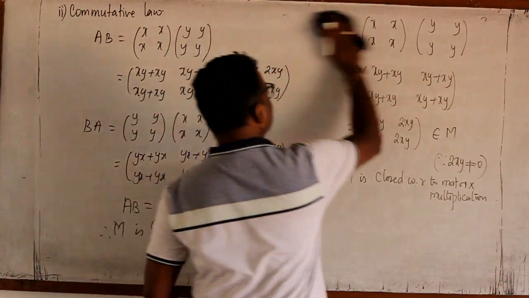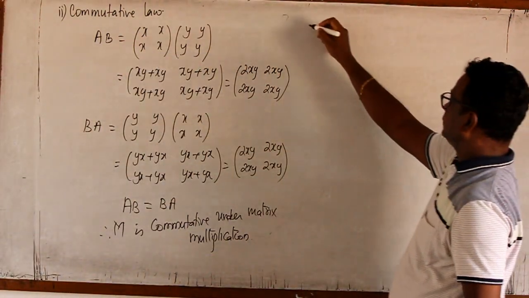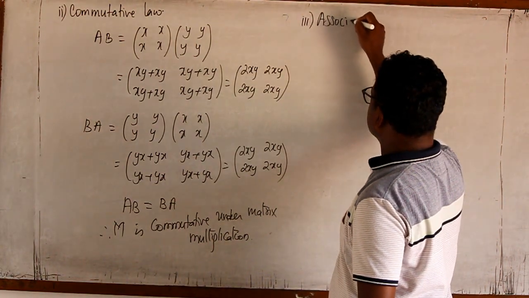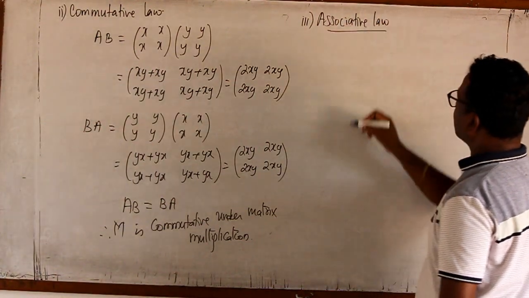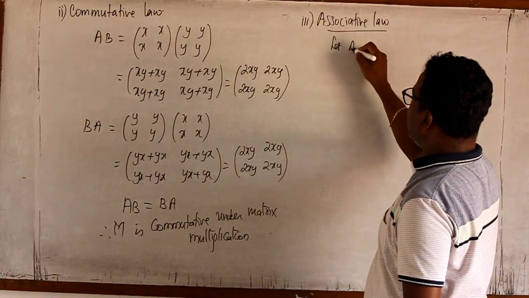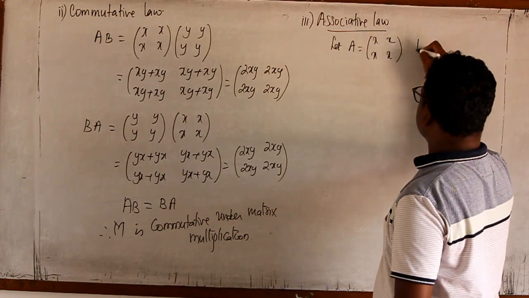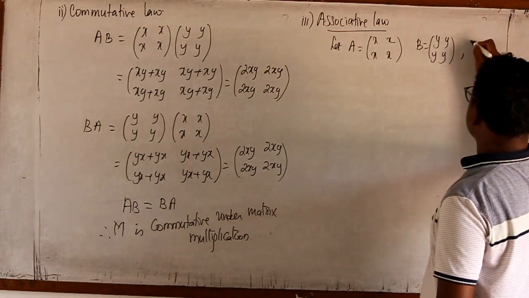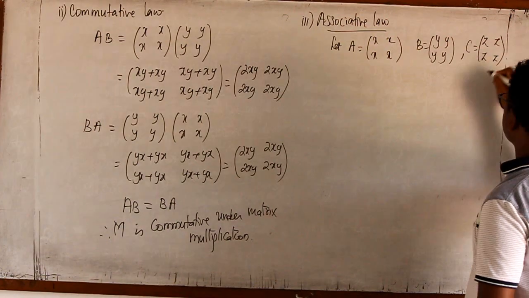Now, the associative law. Third, let A equal [x x; x x], B equal [y y; y y], and C equal [z z; z z].